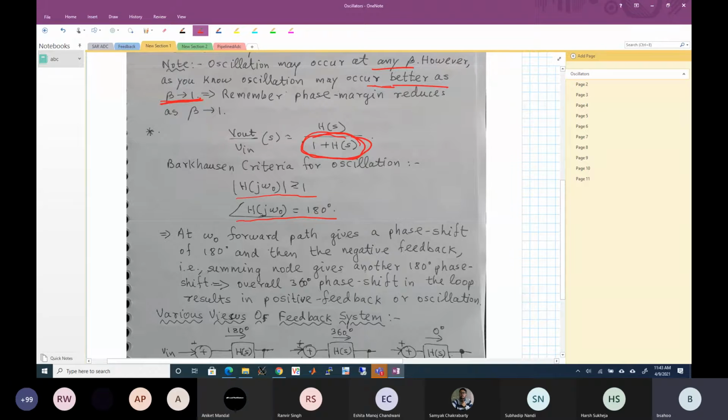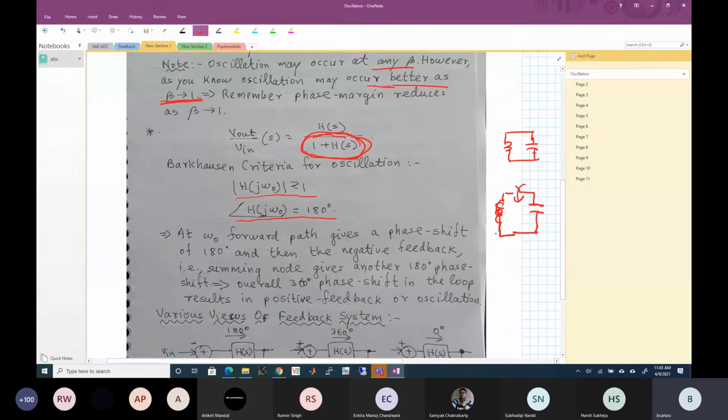To give you an example, if I have an LC tank, and I initially charge this capacitor to a certain voltage, then I suddenly close this switch at time t equal to 0, right?